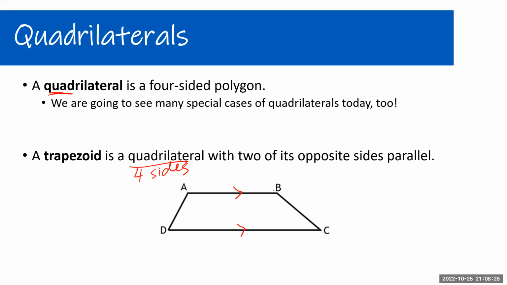Obviously, lines AD and BC are not parallel because they are going to intersect, but AB and DC are indeed parallel. So this is a trapezoid. We can also see a trapezoid being represented like this. That's also one, because you'd have these two lines as parallel, but the other two lines are obviously not parallel.